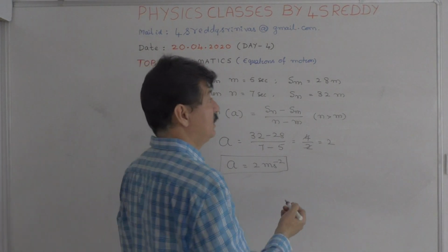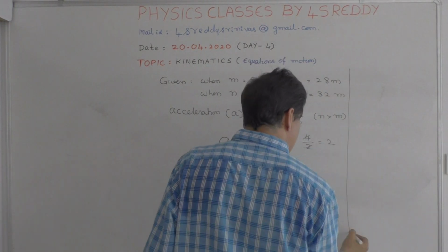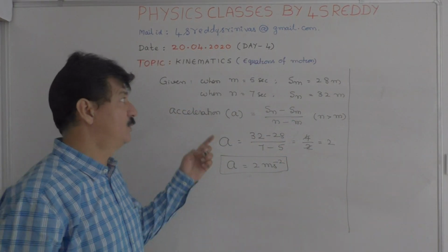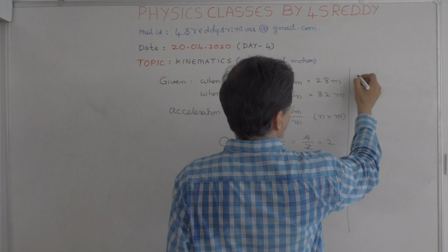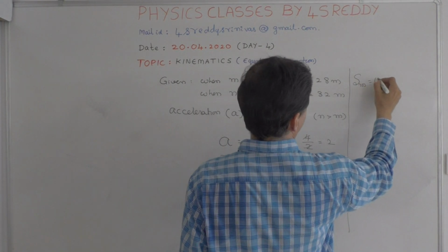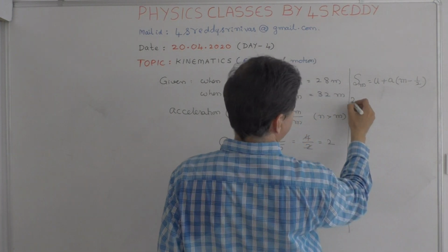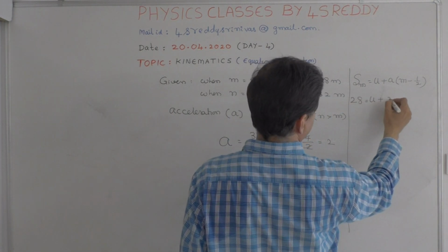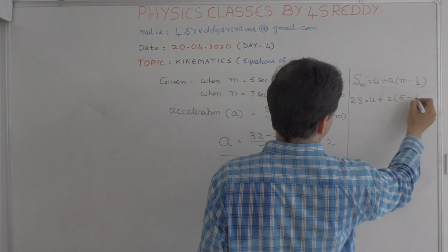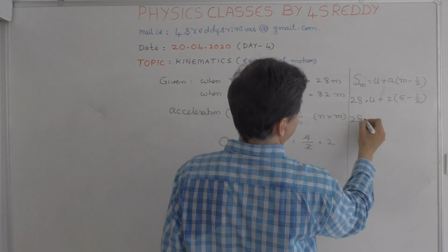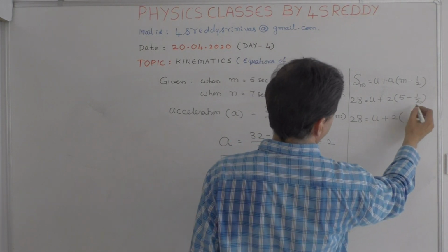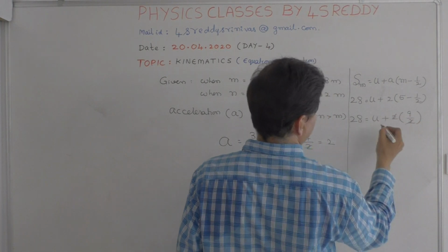And now you are asked to calculate the initial velocity. Then also we can do it. If you write Sm, it is u plus a into m minus half. But Sm is 28, u plus 2 into 5 minus 1 by 2. So 28 is u plus 2 into 9 by 2, the 2s cancel.